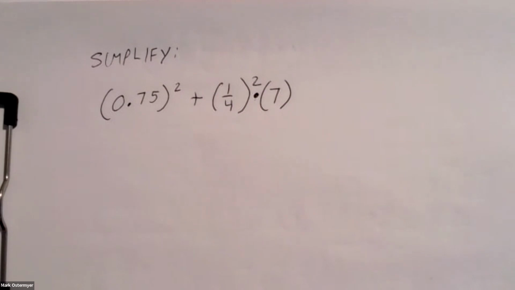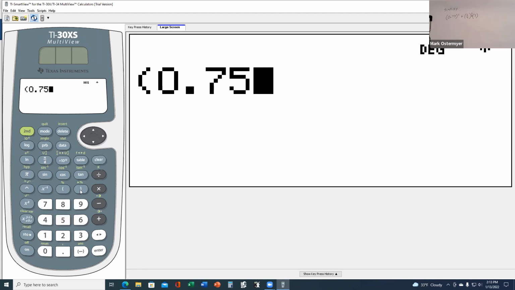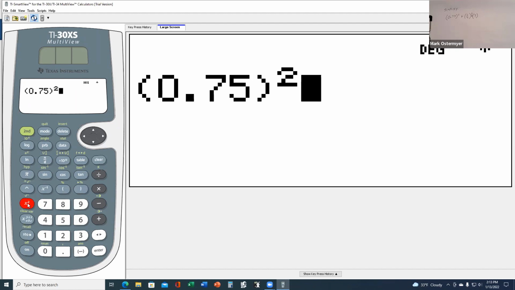Okay. We have that written down. All right, clear your screen. And now we'll have an open parenthesis, 0.75, 75 hundredths, and we want to square 75 hundredths. Again, feel free to hit your x squared button or your general power button and then type in the exponent of 2. It's up to you. If you hit your x squared button, it squares it quicker. It just types in the square, okay?